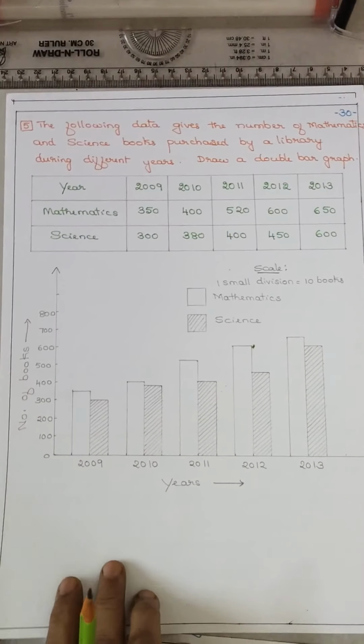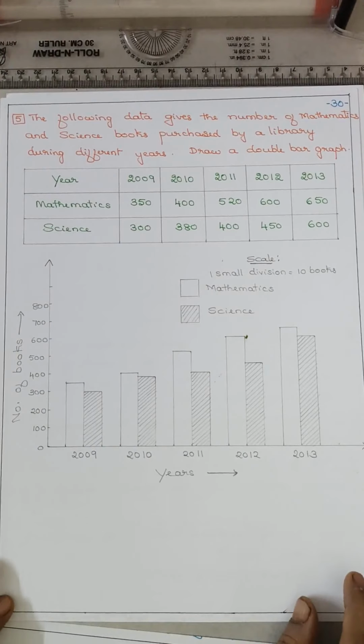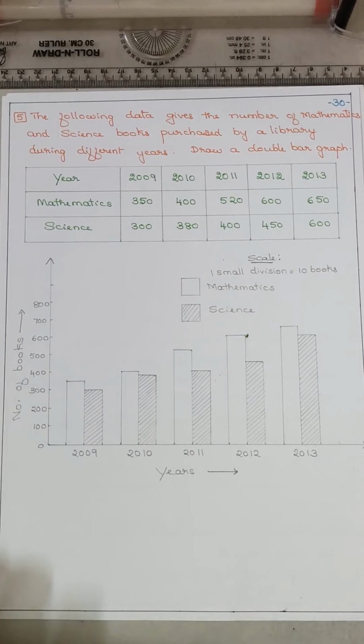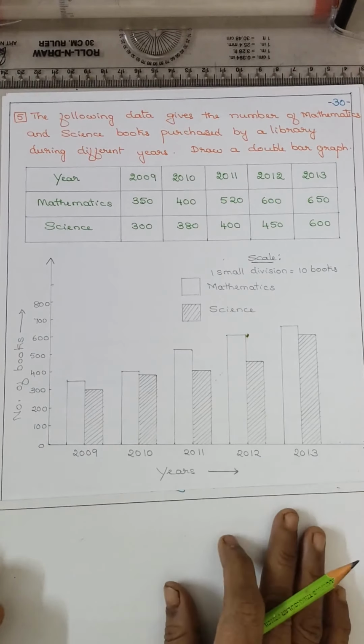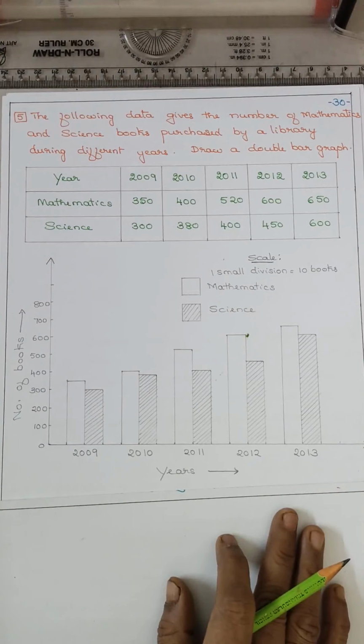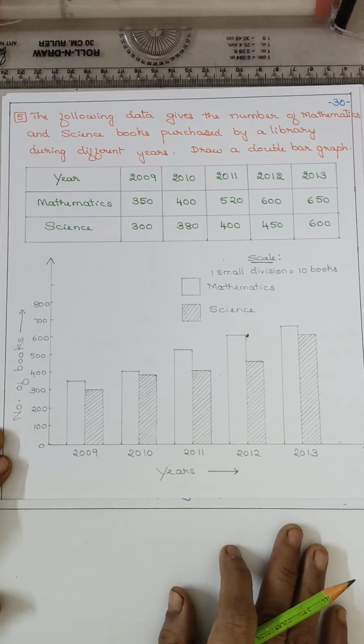Now coming to question number 5. The following data gives the number of mathematics and science books purchased by a library during different years. Draw the double graph. आप लोगों को डबल ग्राफ ड्रॉ करने को बोले हैं.